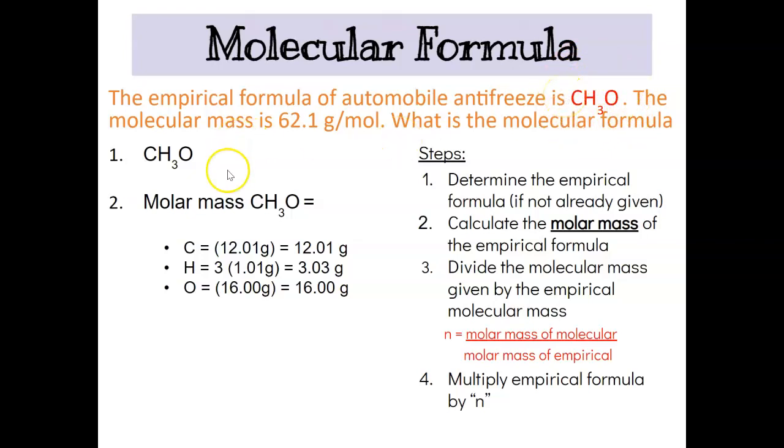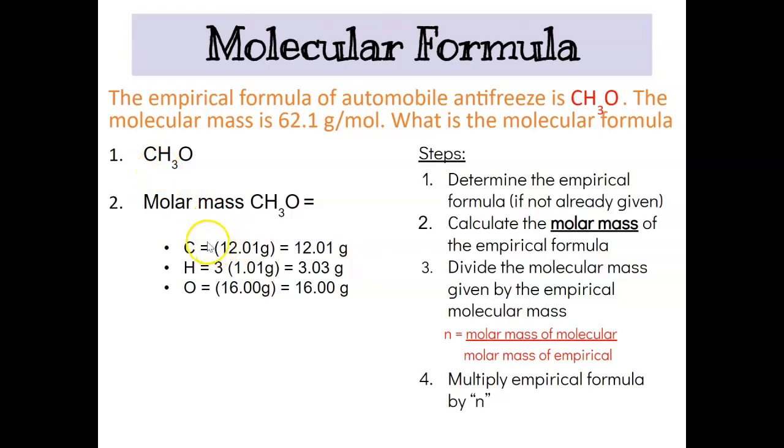So in that last one, we were given the percentages, and then you would have to calculate this empirical formula from those percentages. So if you don't remember how to do that, you need to go back and look at yesterday's lesson. So now that we have our empirical formula, we have that CH3O, we need to make sure we calculate our molar mass of our empirical formula.